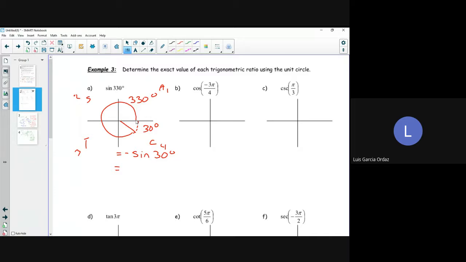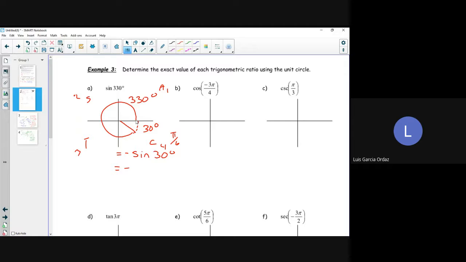So using our special triangle, what do we get when we take sine of 30 degrees? Remember, 30 degrees is the same thing as saying pi over 6. So it's going to be 1 over 2.